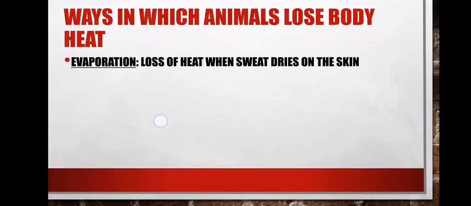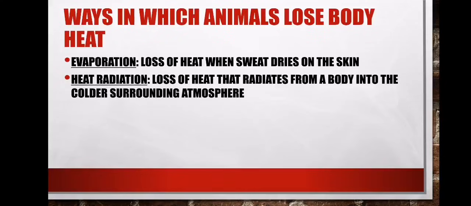Then we have this most important one, heat radiation: loss of heat that radiates from a body into the colder surrounding atmosphere. Let's understand this one. It is the loss of heat that will radiate from the animal, and when it radiates from the animal, it will go to the colder surroundings.